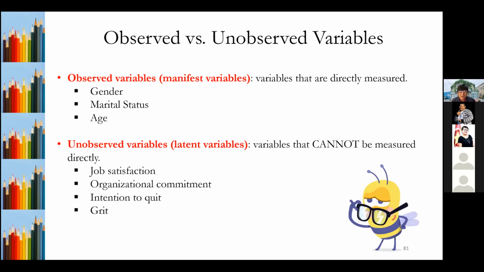On the other hand, we also have variables that cannot be measured directly, such as the level of job satisfaction, the level of organizational commitment, intention to quit, and grades. So these are examples of unobserved variables or latent variables. In order for us to quantify these latent variables, we typically use a scale, such as a Likert scale.